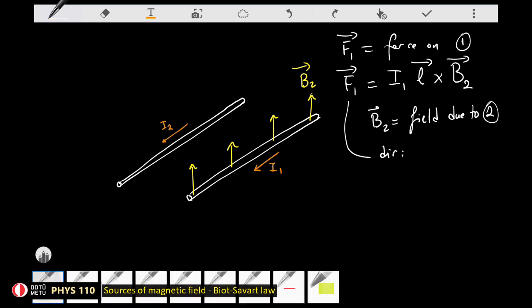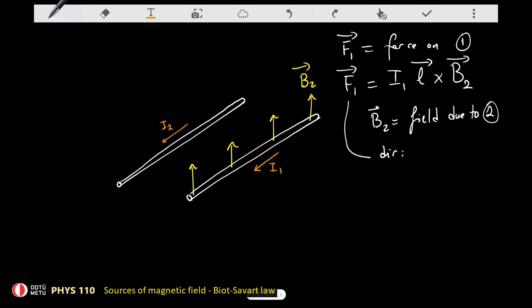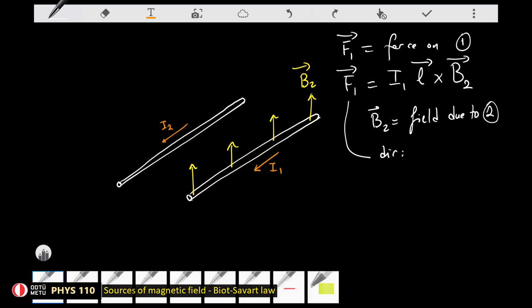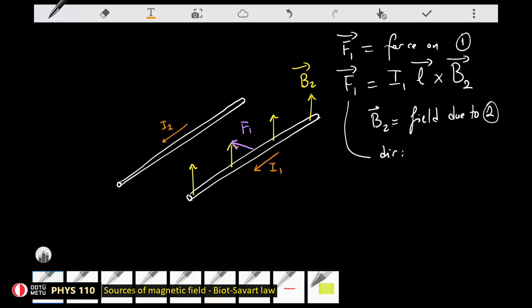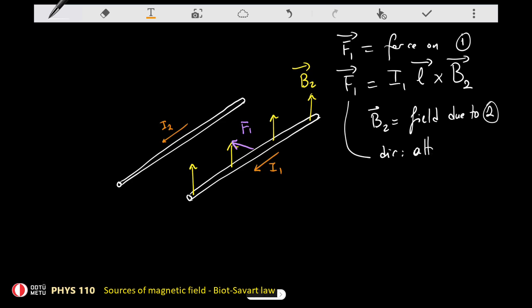So therefore, by using the right-hand rule, we can easily see that the force is again attractive in here. So let me use this other color. F1 is therefore a force along this direction. So it is attractive. Again, the magnitude: that's the magnitude of the force.